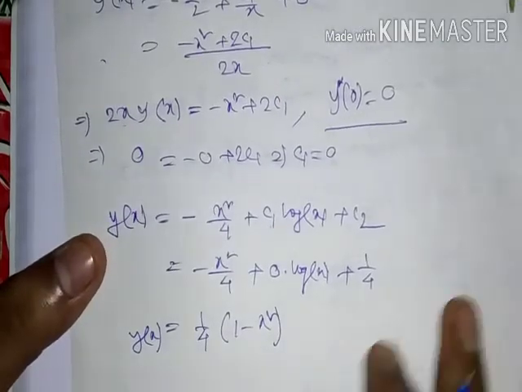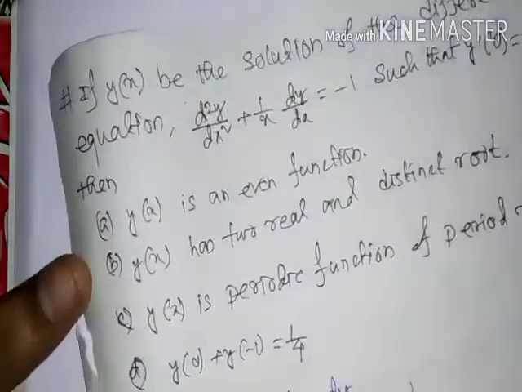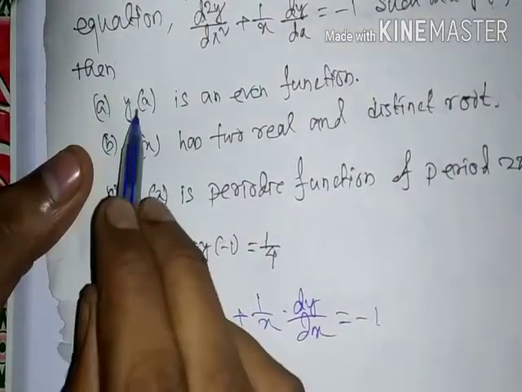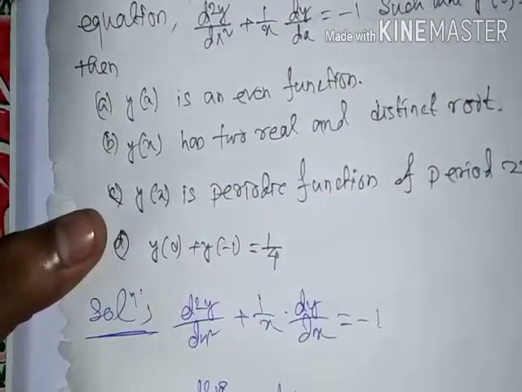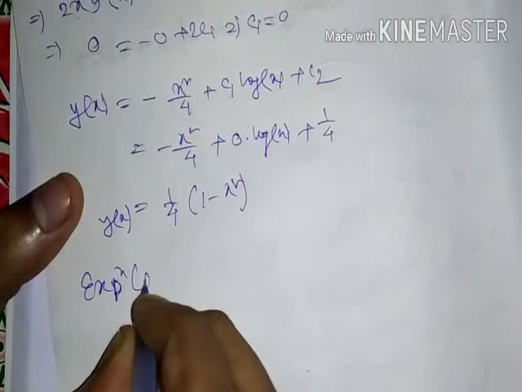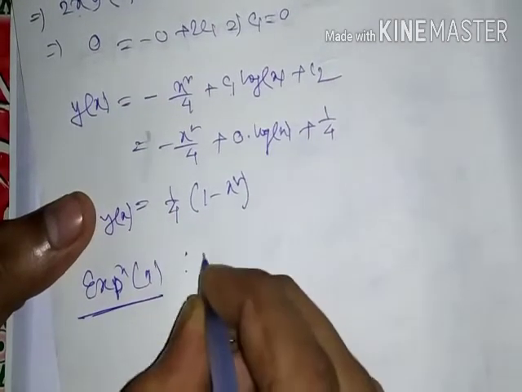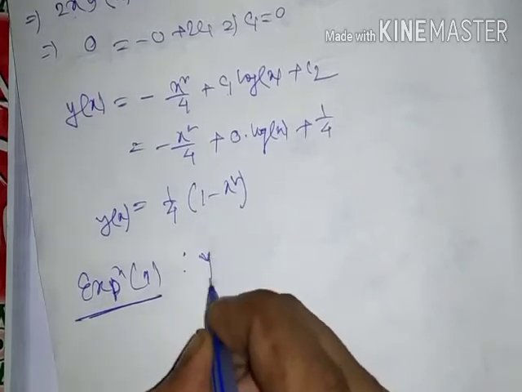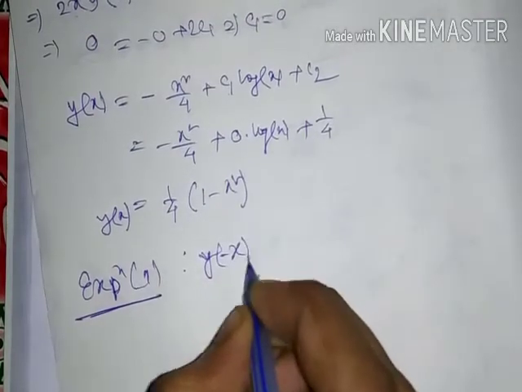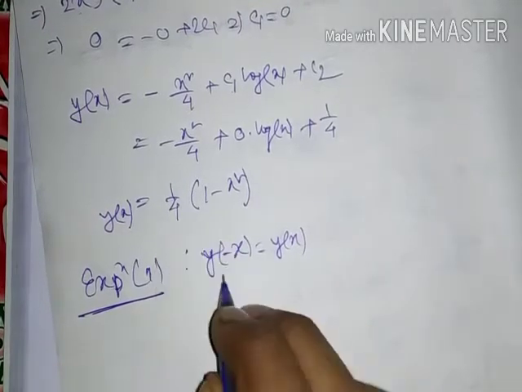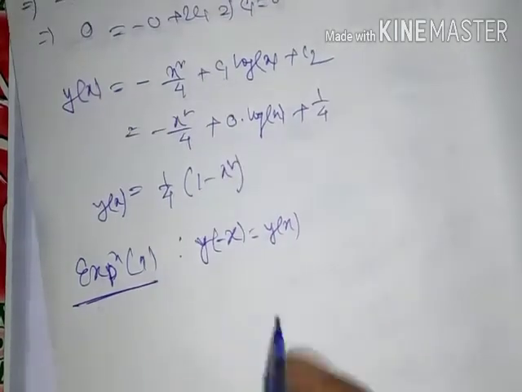Now we verify each of the options. Option A says y(x) is an even function. Explanation of option A. To check whether it is even or not, we just verify y of minus x equal to y of x. If this condition is satisfied, then it is an even function.